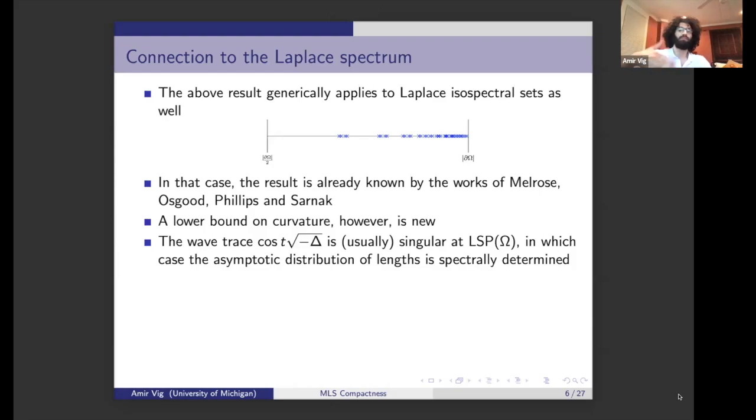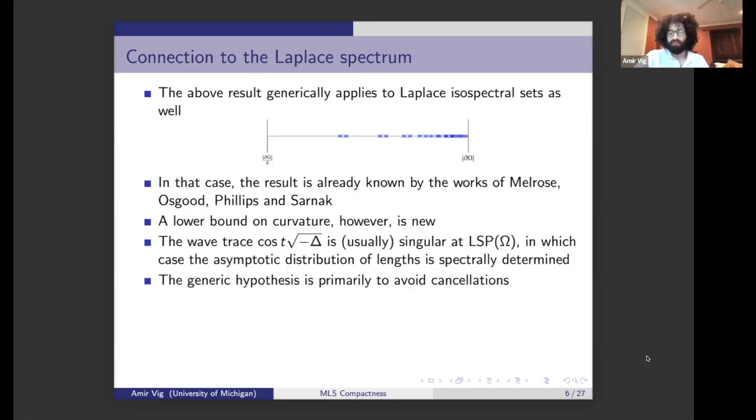And in this case, the asymptotic distribution of lengths is Laplace spectrally determined. So if you have a distribution defined by the Laplacian, which is singular at these blue x's, then the distribution of these lengths also constitutes a Laplace spectral invariant. Okay.